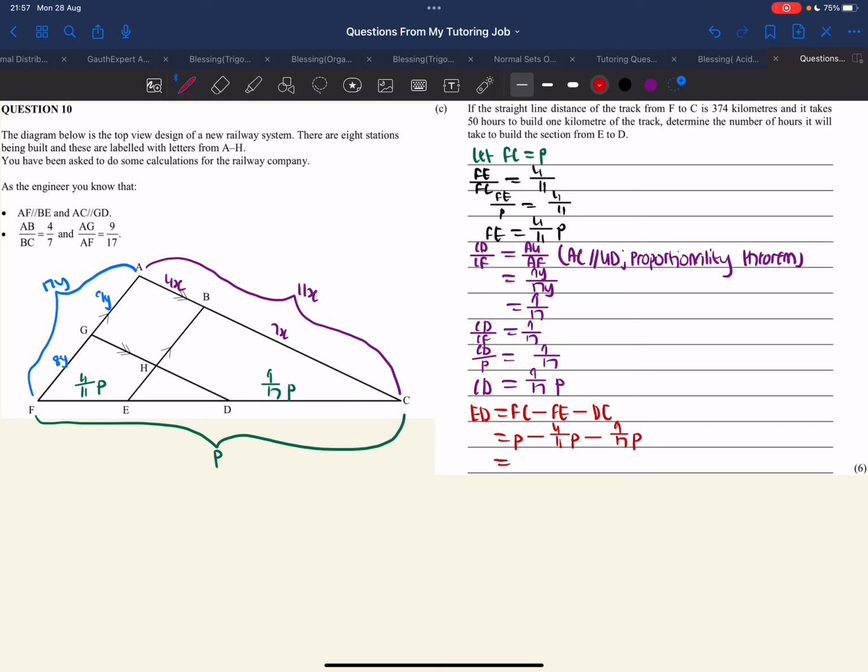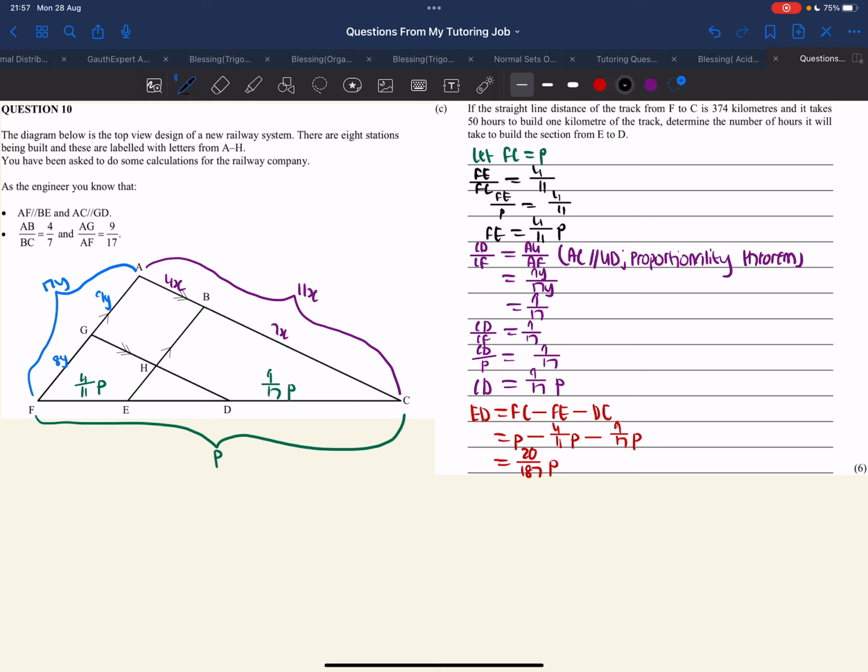Then I'm going to say equals to, so p is basically just saying 1 minus 4 over 11 minus 9 over 17, and the answer that I get there is 20 over 187p.